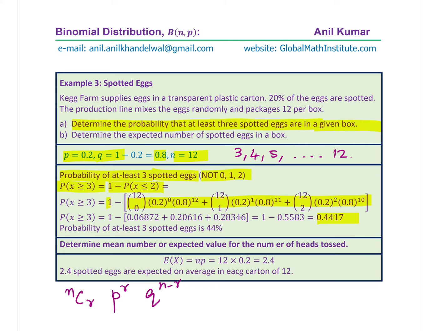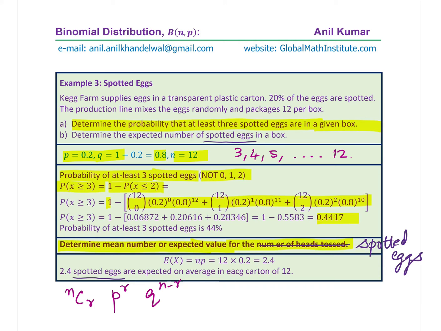Okay, so now we've done part A. Let's look into part B, which is to determine the mean number. When we say mean number, it means the same thing as expected value. Now, not the number of heads in this case. In this case, we are looking for spotted eggs, correct?